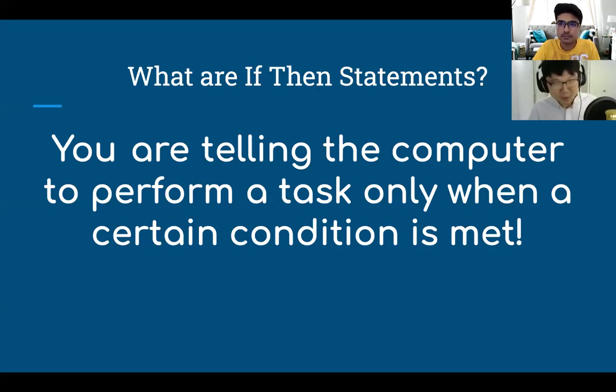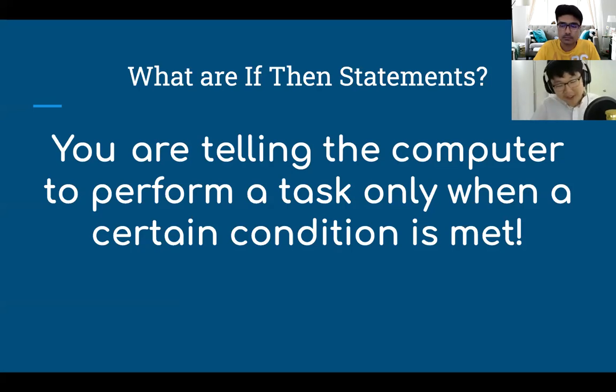It would be a little weird if you were to be told to clean your room if it's already spotless, right? So that's why for computers, if we wanted them to run certain tasks, we usually want some type of condition to be met.